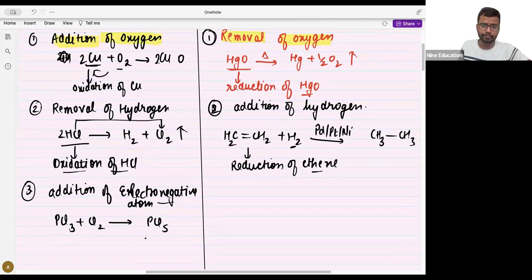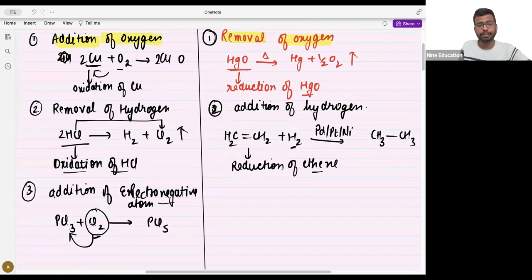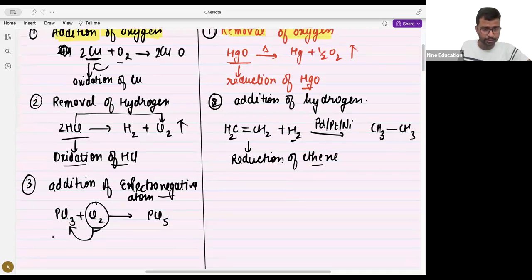Cl2 is an electronegative element because it has high electronegativity. So if I add Cl2, this is known as oxidation. Here we have oxidation of PCl3.